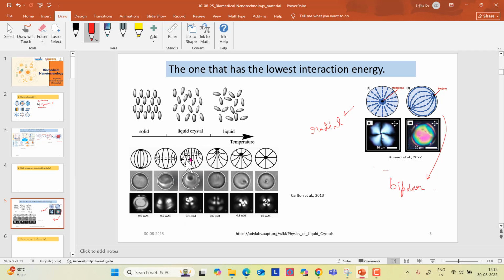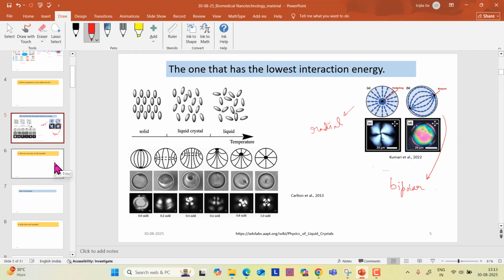Again, in the third case, it is forming a different self-assembly. Fourth one is this. In the fifth one, you can see the defect, and at the end, you will see the defect at the middle. So from bipolar to radial, it doesn't change directly. It passes through several steps to self-assemble. So this is one example. There are many examples. Okay.